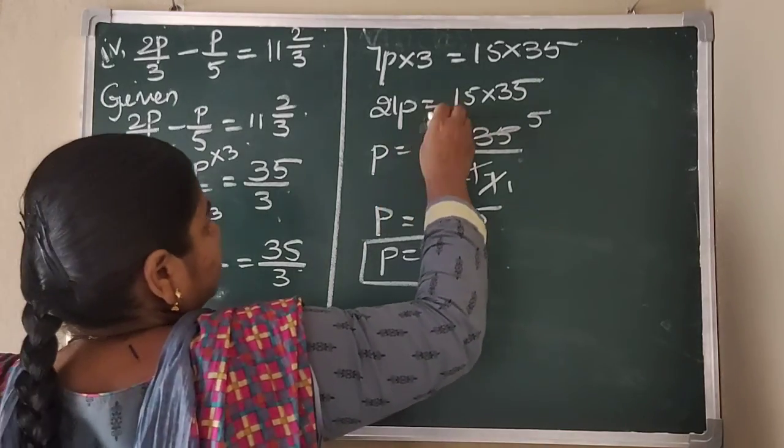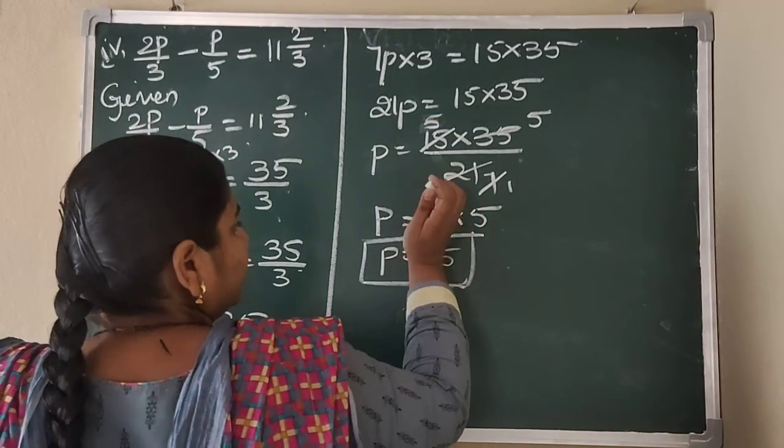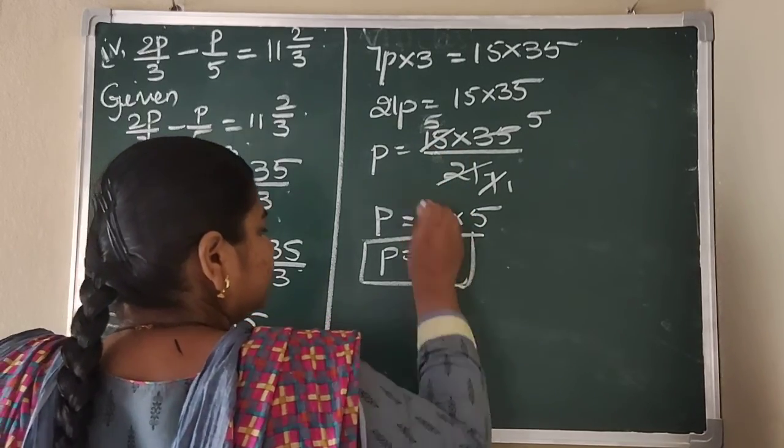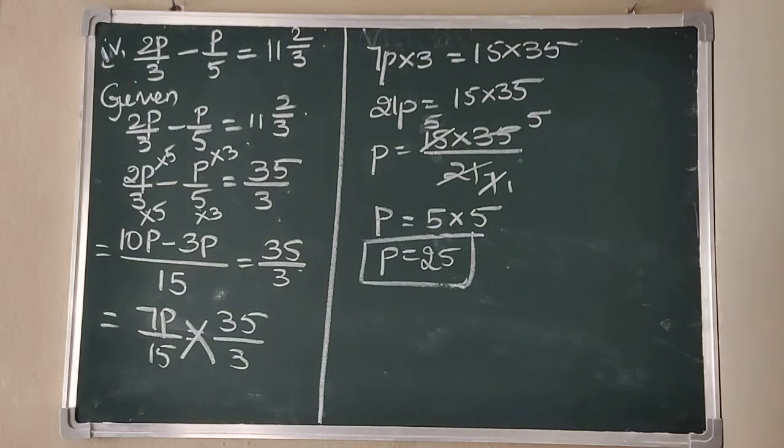Sorry, 3 5s are 15. Okay, so this is our fourth solution. Next, fifth one.